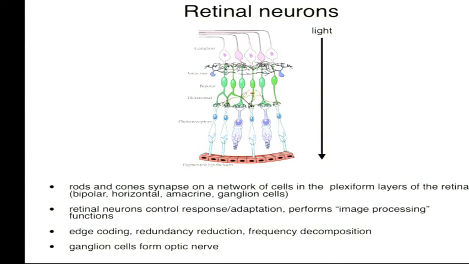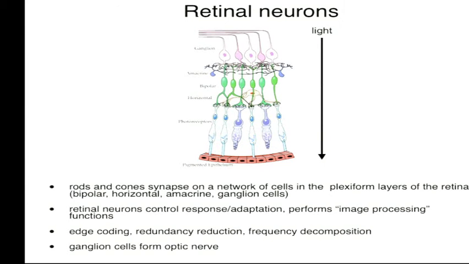So light comes through, gets absorbed in some part on the first pass, then reflects off the tapetum and gets absorbed on the second pass. Okay, so it's organized for efficiency in collecting light for nocturnal animals.